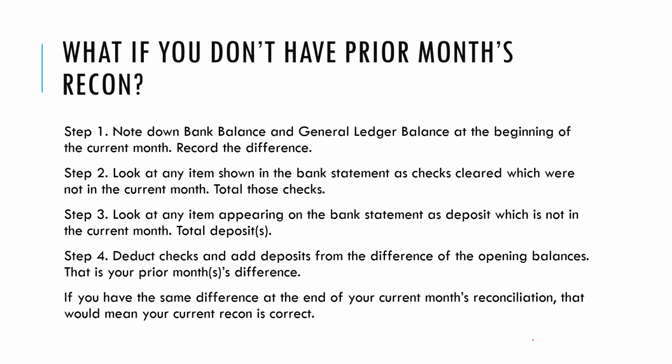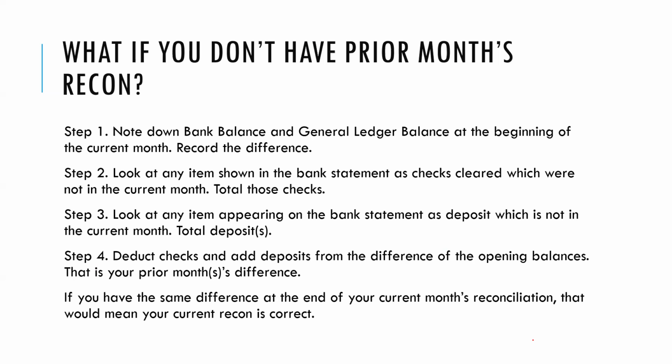So on the bank statement, you can see that, for example, the checks we started in February, we started with number 1,201, 1,202, etc. And there are two items on the bank statement which are numbered check number 1185 and 1192, which is pretty apparent that those checks were issued prior to February. So in that case, those items are related to your opening difference. So deduct the totals of those two checks out of that total difference, and now you have a net difference.